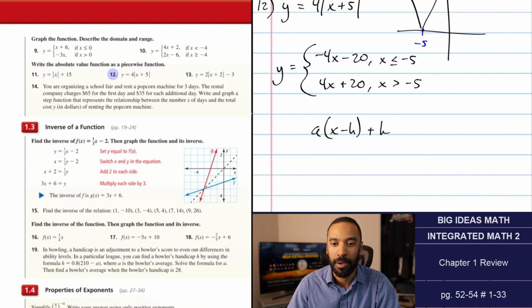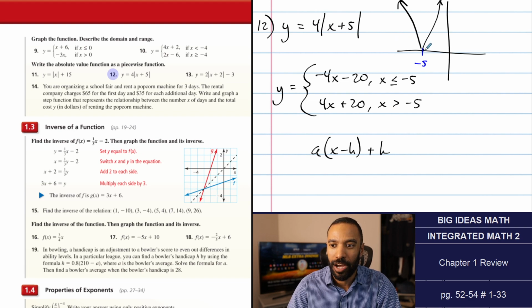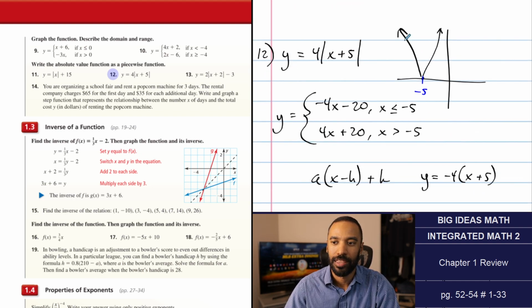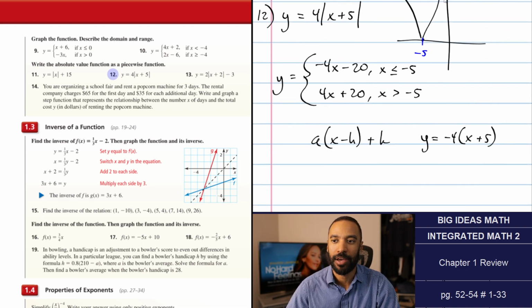So my point is, this point on the graph can be graphed for this line as y equals negative 4 times the quantity x plus 5. Just like that. This is this line. I mean, if you continue it, this is that line. What's nice about this is what happens when I distribute negative 4. I get negative 4x minus 20.